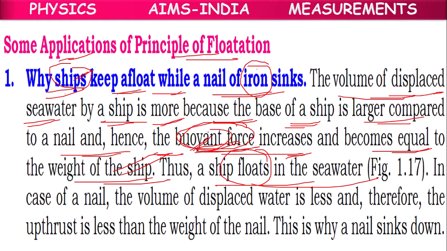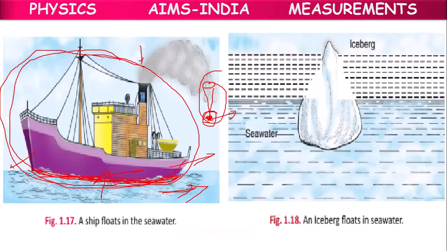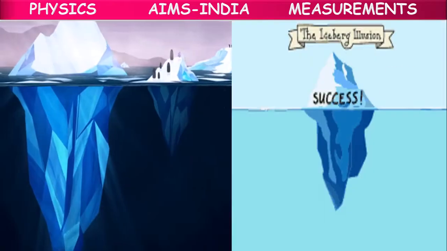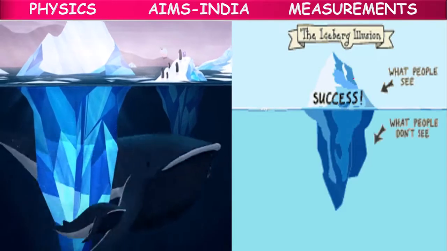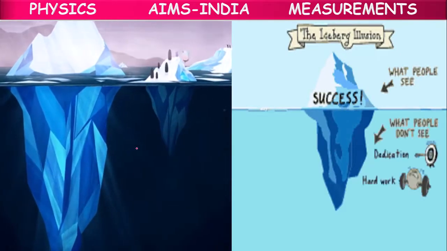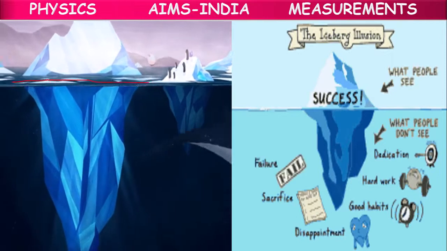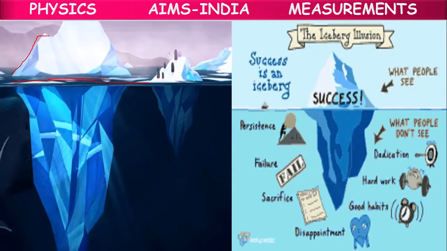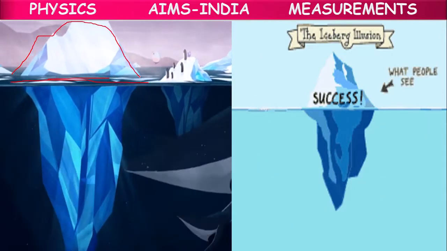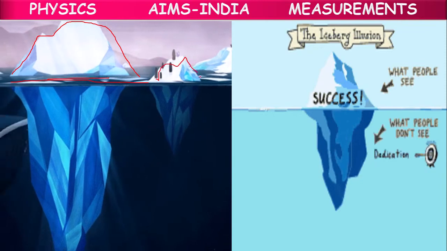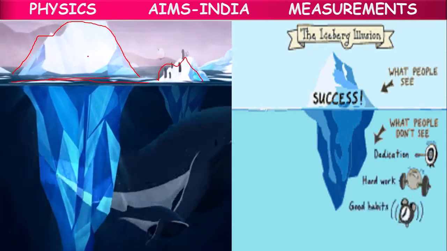Okay, that is one kind of application. Iceberg also is there. Let's see in this example. You can observe here, children, on the above water level we can see a huge ice block floating above the water level.